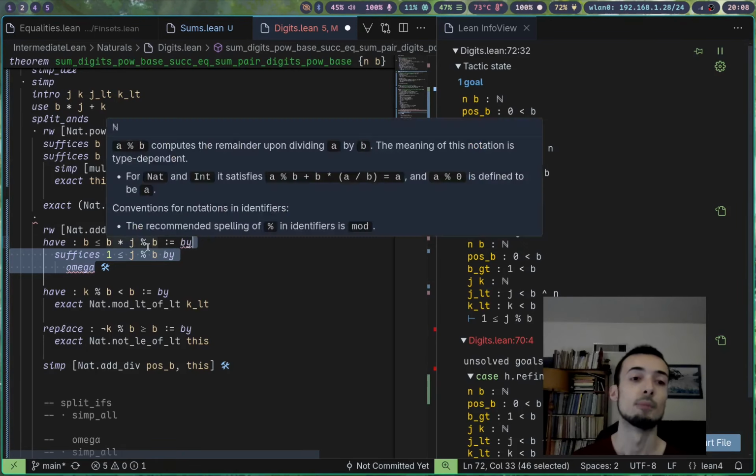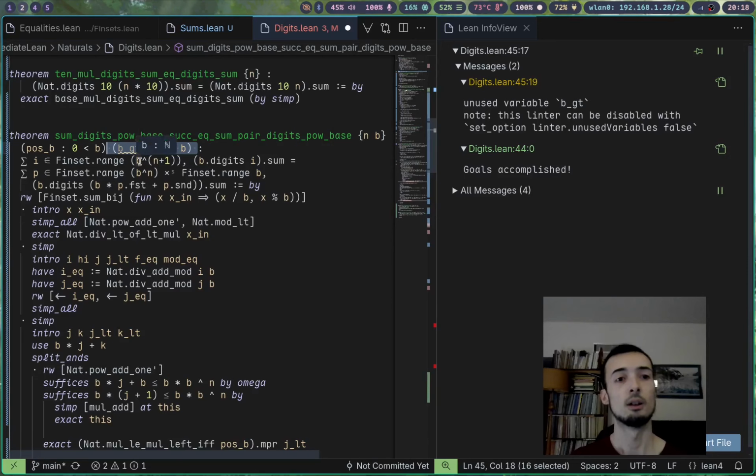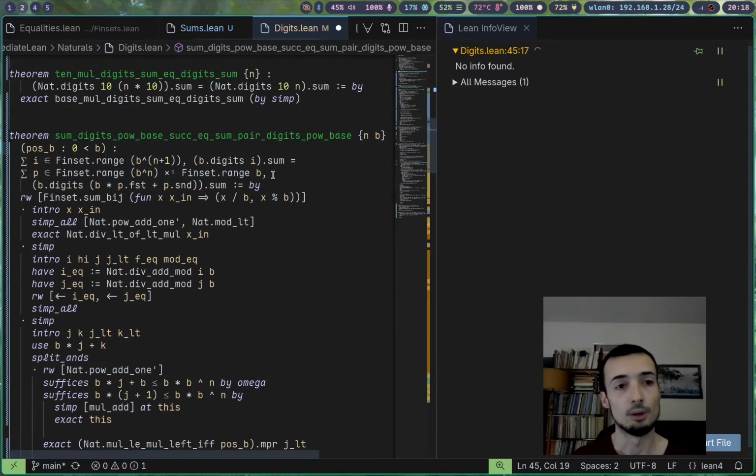I like having a little extra space on the long proofs here. All right, so this is a proof. Oh, and look at that, I almost forgot: we don't need the fact that the base is greater than 1. It was very helpful of Lean to tell me, even though I'm using all these powerful tactics like simp all that use everything in scope, that that was not necessary.